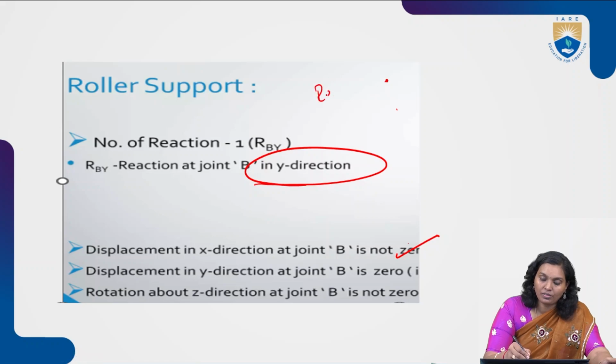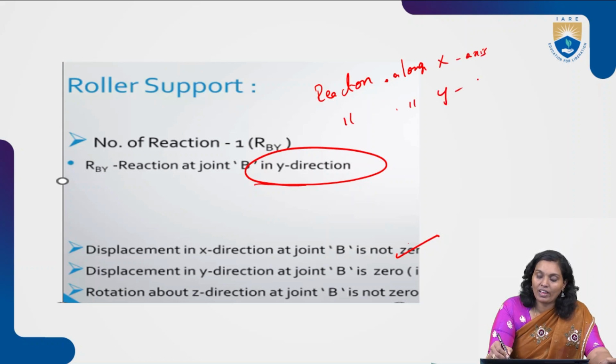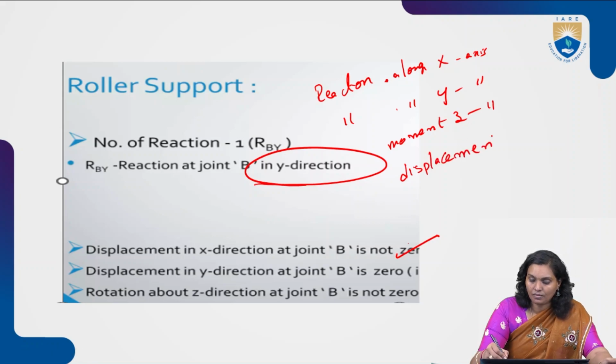For roller support, we check reaction along the x-axis, reaction along the y-axis, and movement about the z-axis; displacement along the x-axis, displacement along the y-axis, and rotation.